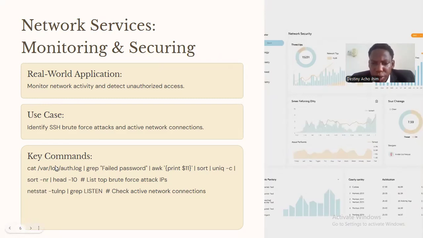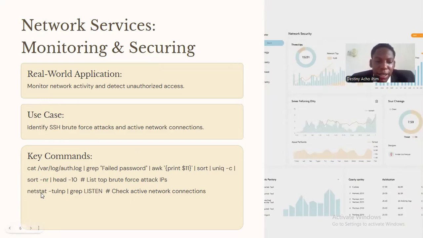And then in order to monitor it, you have to tail it, right? So you put tail -f auth.log, and then you use netstat. Exactly. So this is the command to list the top brute force attacks. And then this is the command to check active network connections, right?